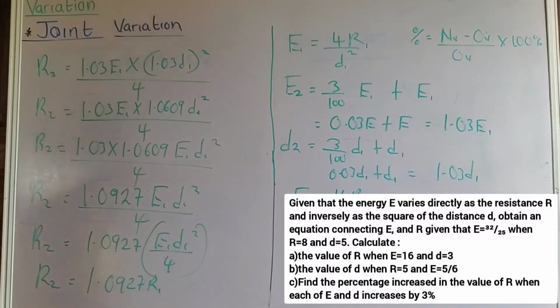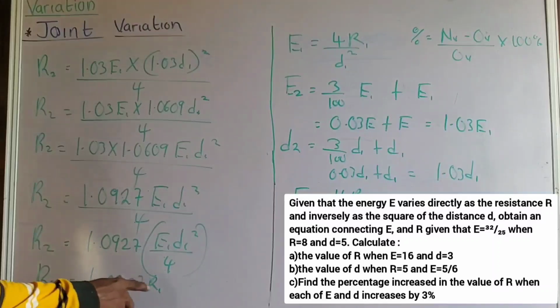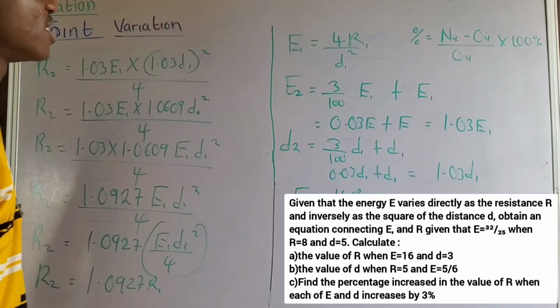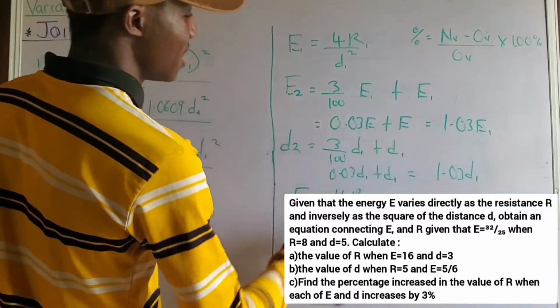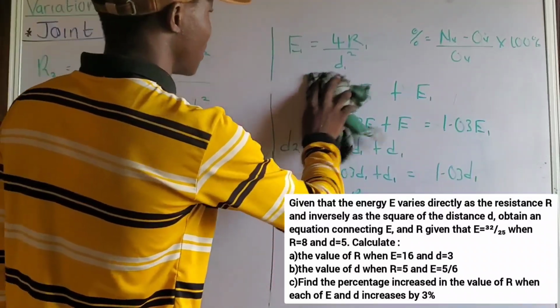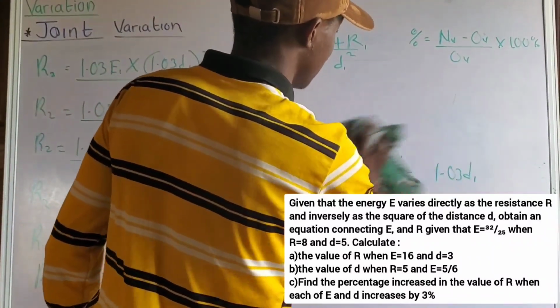Now, this is the value of R2. R2 equals 1.0927 R1.